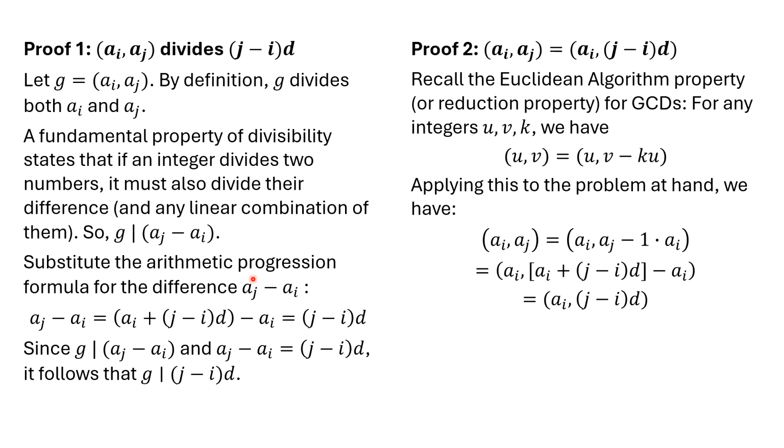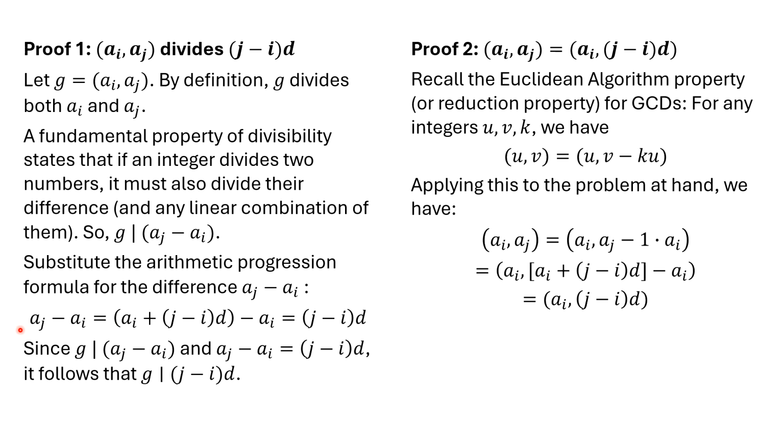Substitute the arithmetic progression formula for the difference between A sub j minus A sub i. So we have that here. Then A sub j is this term here. You just take the smaller term and then add to it the difference in the indices times d.